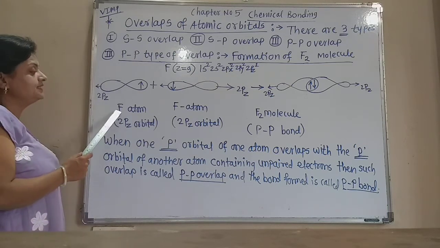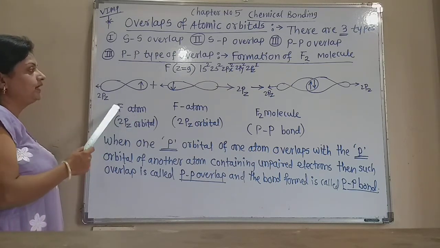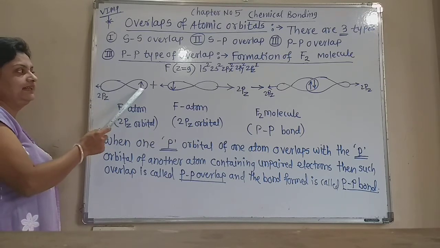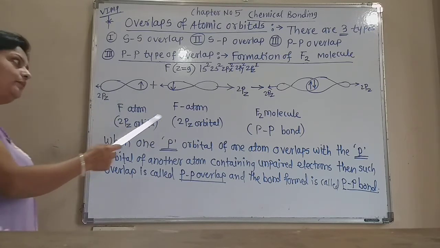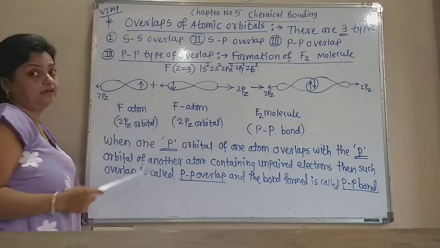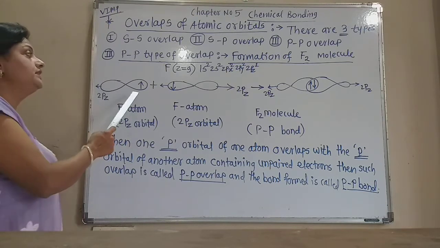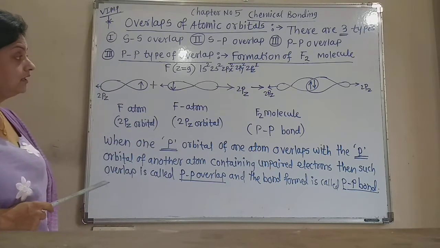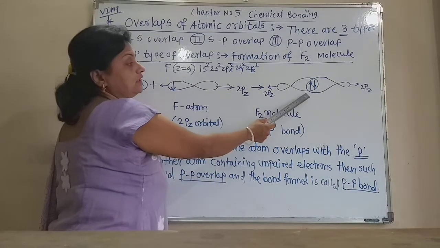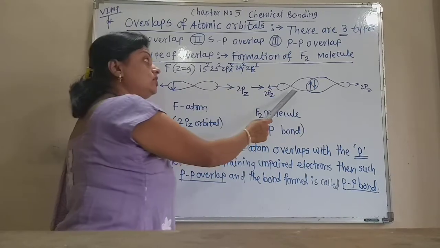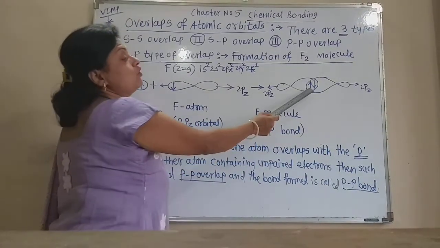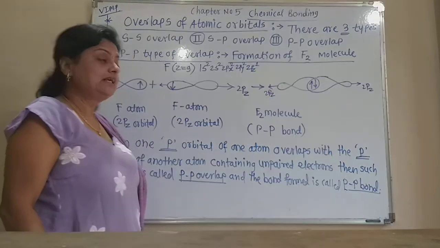Now see, this is one of the fluorine atoms. Its 2pz orbital is on the z axis, containing the unpaired electron. Another fluorine atom also has the 2pz orbital containing an unpaired electron. Now both these 2pz orbitals containing unpaired electrons of different fluorine atoms overlap with each other in this way, and their other lobes shrink because the electron density is concentrated in the overlapping region.